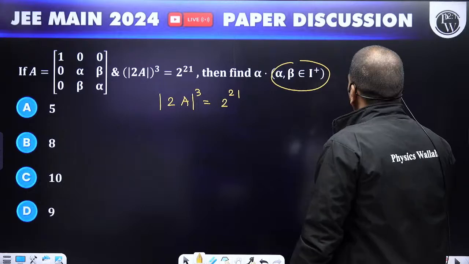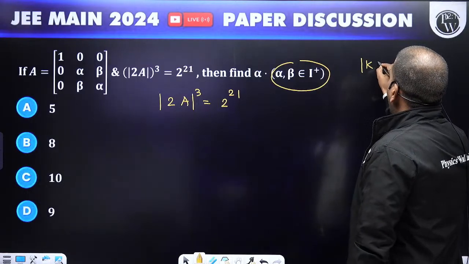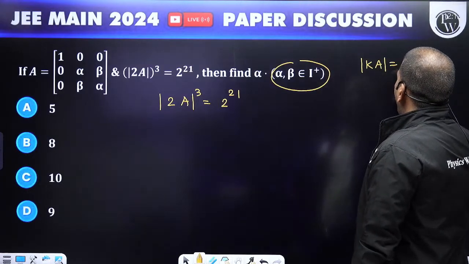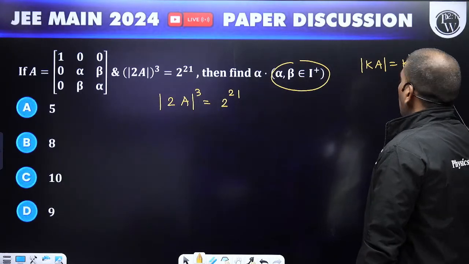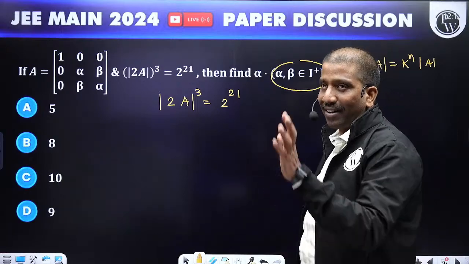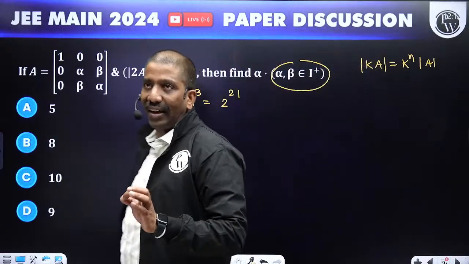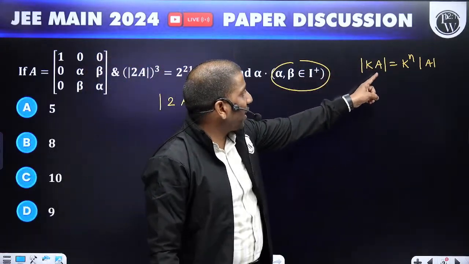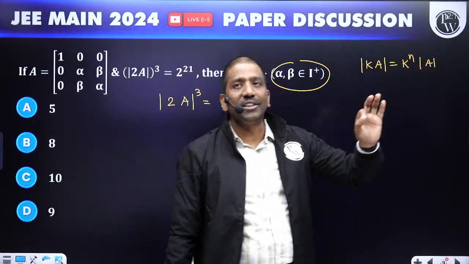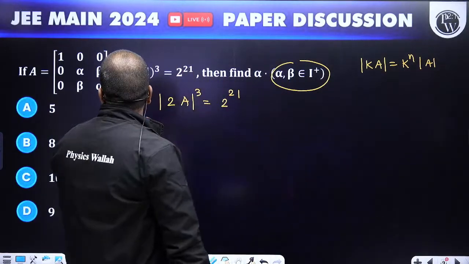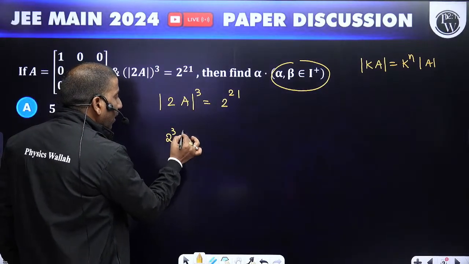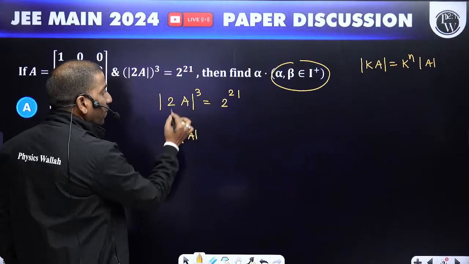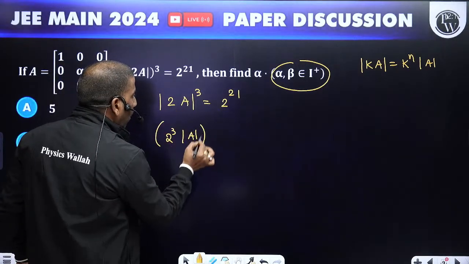Okay, fine. What is the formula we have? Determinant of kA is equal to k power n into determinant of A, where A is an n by n matrix. I'm telling you once again, determinant of kA is k power n determinant of A, right? Very nice. So now this is equal to 2 power 3 determinant of A, whole power 3.